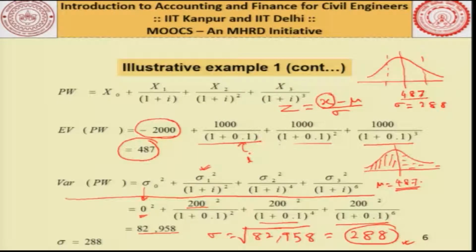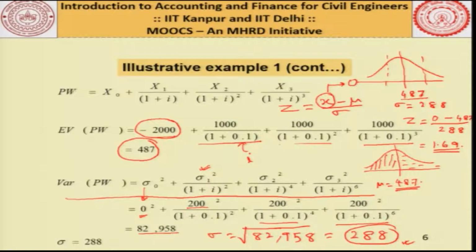Now, I am interested in finding the probability corresponding to a net present worth of 0. So, x I keep it as 0. So, my Z becomes 0 minus 487 divided by 288. If you calculate this, you will find it is coming very close to 1.7, it is about 1.69.